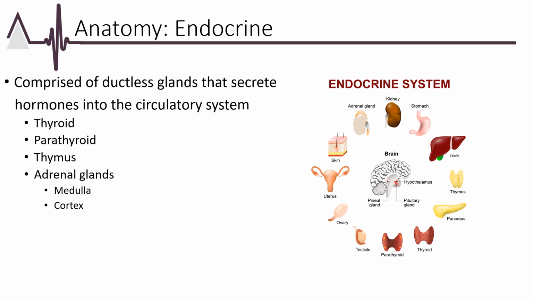Hormones are chemical messengers. They are classified as either proteins or steroids. Hormones stimulate target tissues or organs by binding to the cell receptors located either on the cell membrane or within the cell. Take a moment to review the other anatomy listed on your screen and their location in the body.